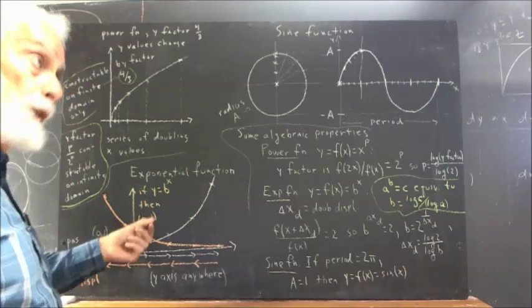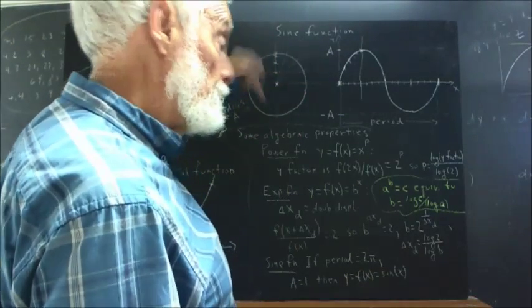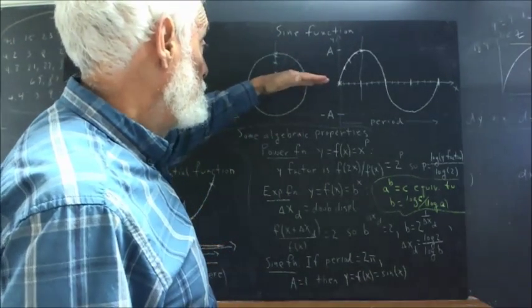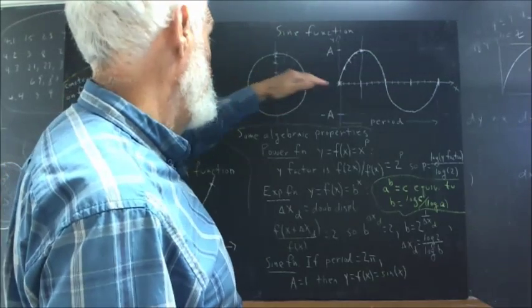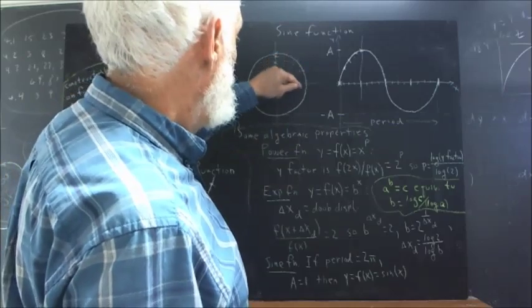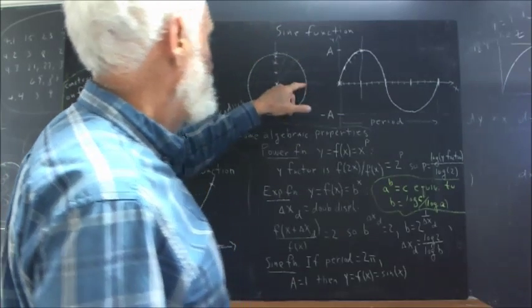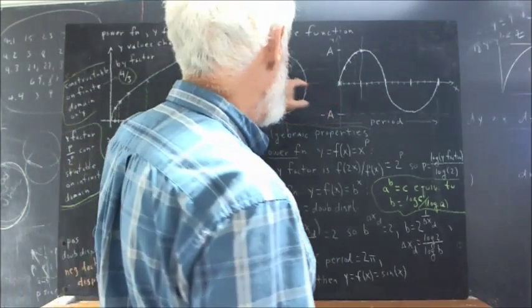Simply geometric constructions. We do the sine function with a reference circle. We divide the angle between 0 and 90 degrees, the x-axis and the y-axis, into 4 equal parts. For each of those parts, we have an angle. Here's our angle 0.